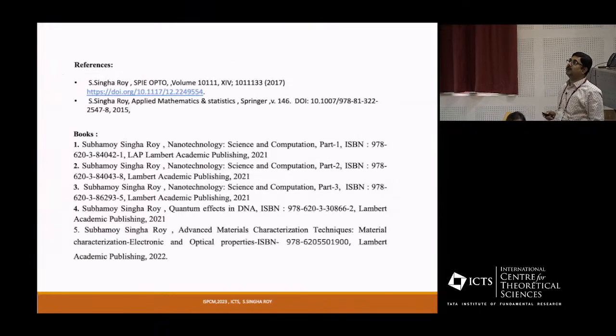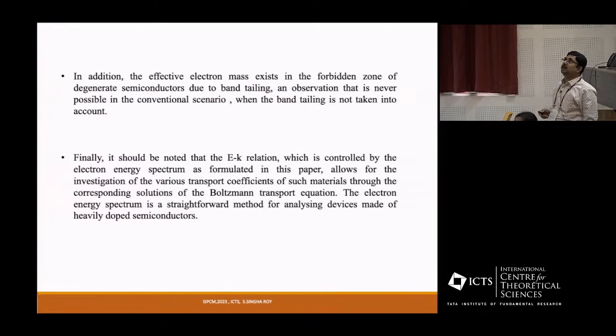Their forbidden energy gap shows band tailing for heavily doped semiconductors, but this observation is never possible in the conventional scenario for Fermi functions, with simple energy E, EF and temperature relations.